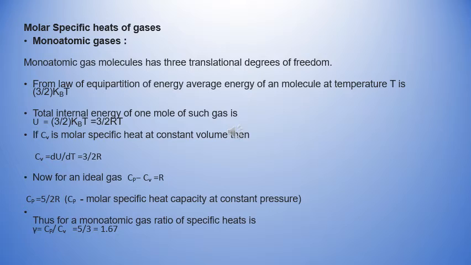Now, the molar specific heat at constant volume is equal to dU by dT, where U is the total internal energy, and it comes out as 3/2 R. Cp minus Cv is R. So substituting the value of Cv as 3/2 R, we get Cp as 5/2 R. And gamma, which is the ratio Cp upon Cv, is 5/3 for a monoatomic gas, which is equal to 1.67.